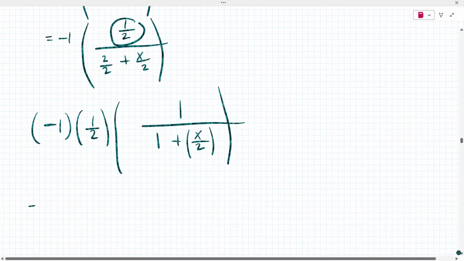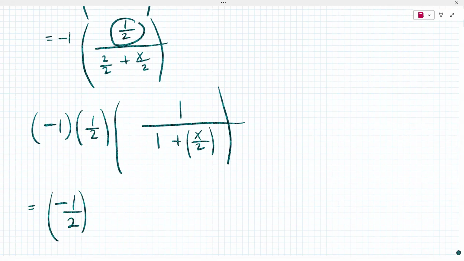Negative 1 times 1/2 can be simplified as negative 1/2. Now I have 1 over, and I want to make this positive into a negative, so it's 1 minus negative x over 2.